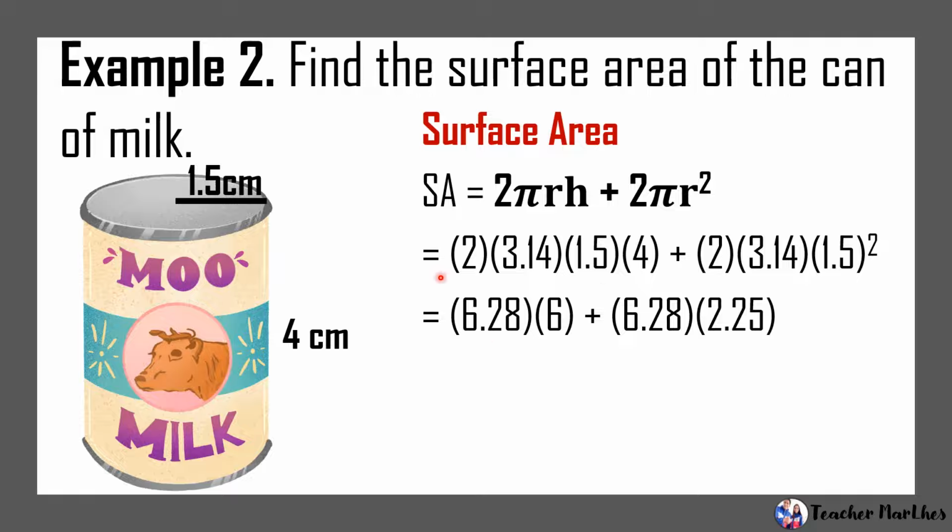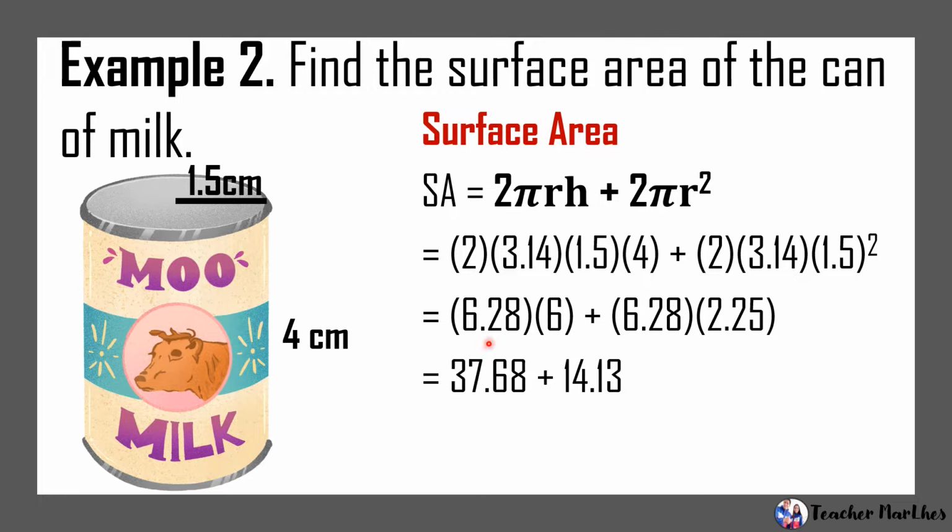So, pwede nyo naman siyang isang buong diretso i-multiply, or pwedeng paisa-isang i-multiply. 2 times 3.14 is equal to 6.28. So, since ito ay may exponent 2, ang ibig sabihin nito ay 1.5 times 1.5, so equals to 2.25.